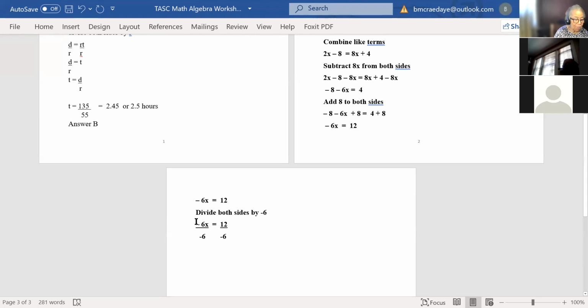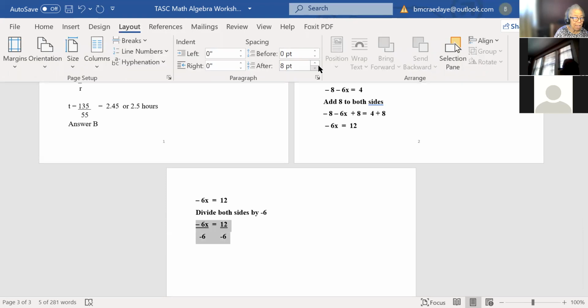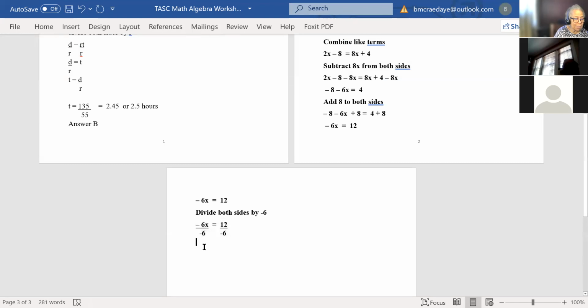So what do I have left on the left side? X. That's right. I'll have x. And what would x be equal to? 12 divided by -6 equals what?